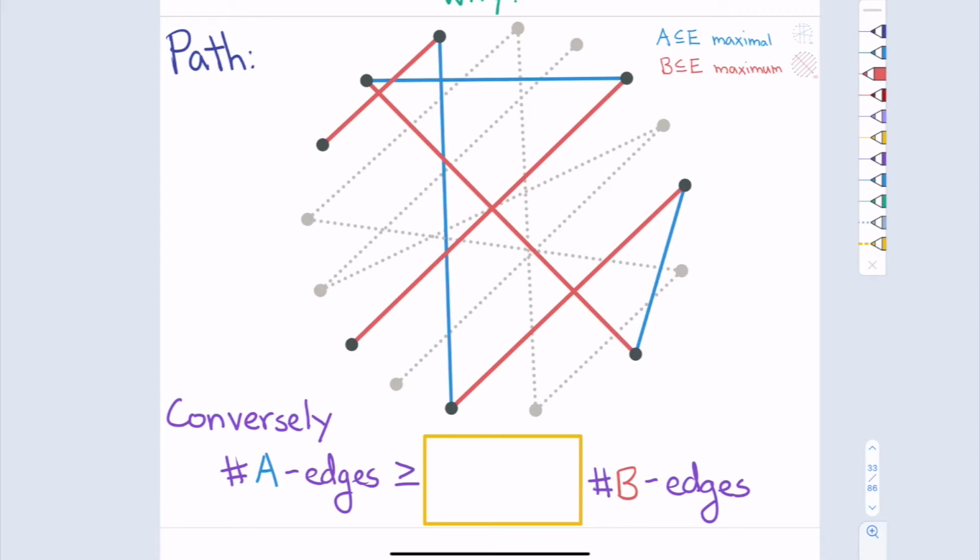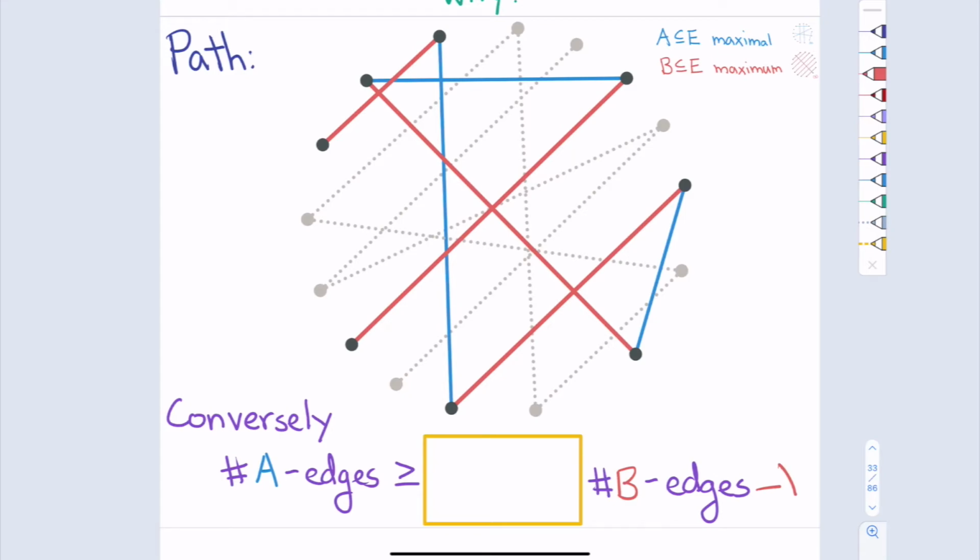You're saying in any one path? In any one path. Like one less than. Yeah, it's always greater than or equal to this minus 1 or something, because it's going red, blue, red, blue, red, blue. So in the worst case, maybe the outer ones are red, the inner ones are blue. So you end up with one more red than blue.